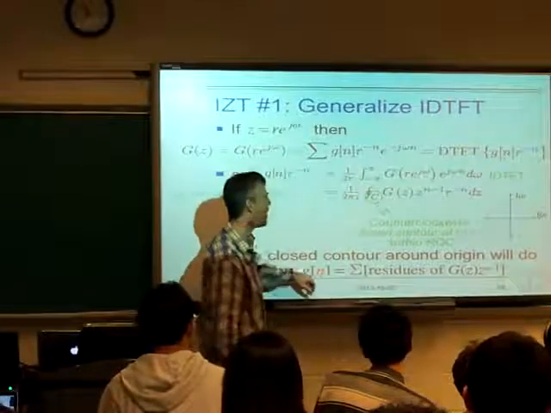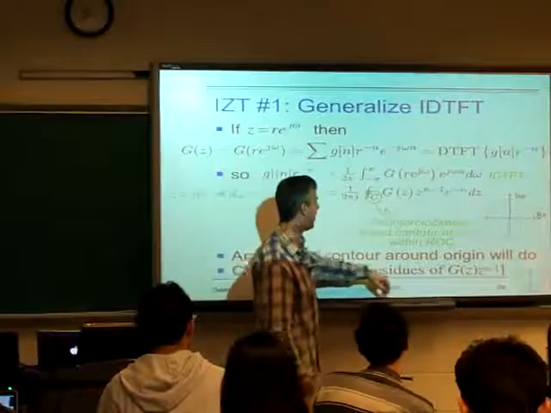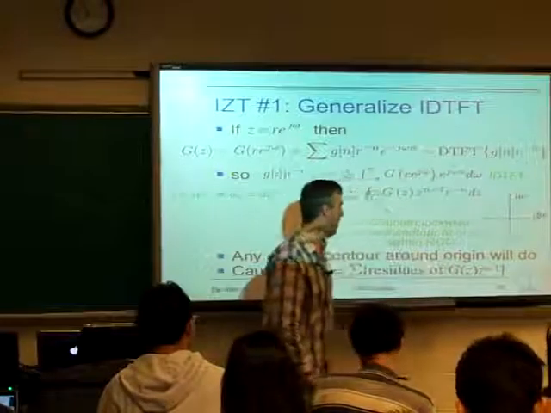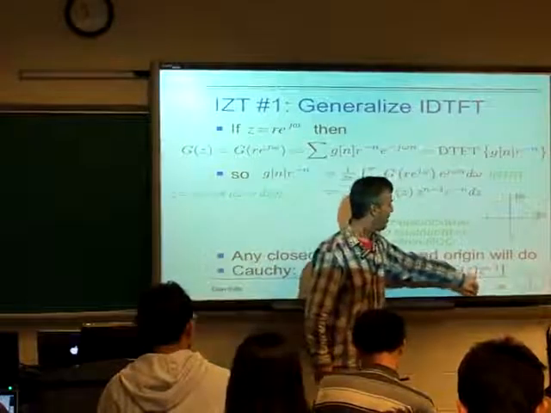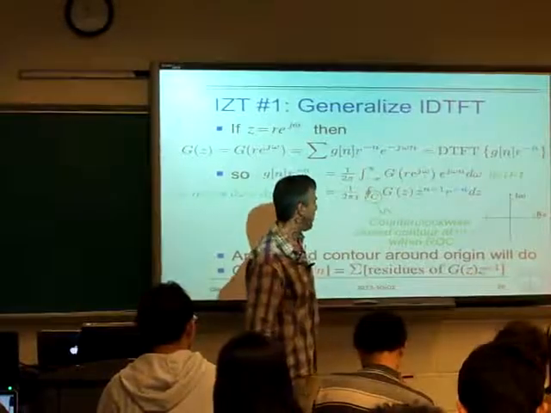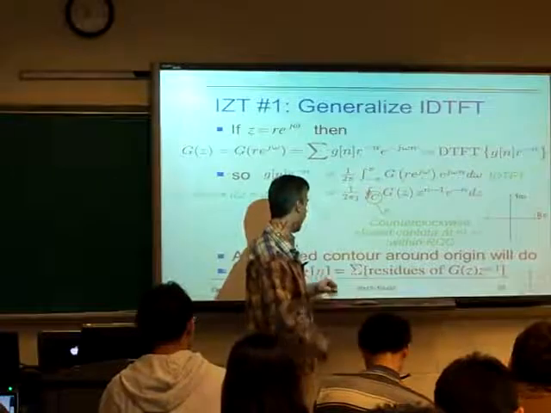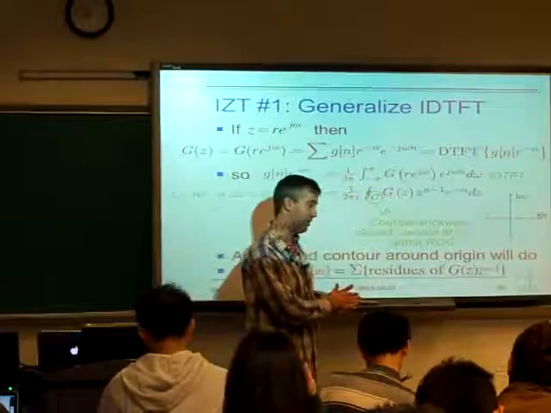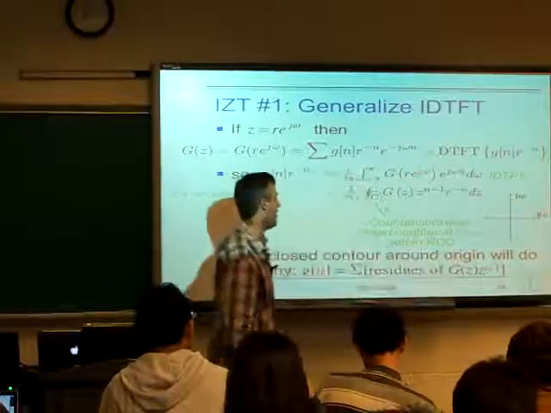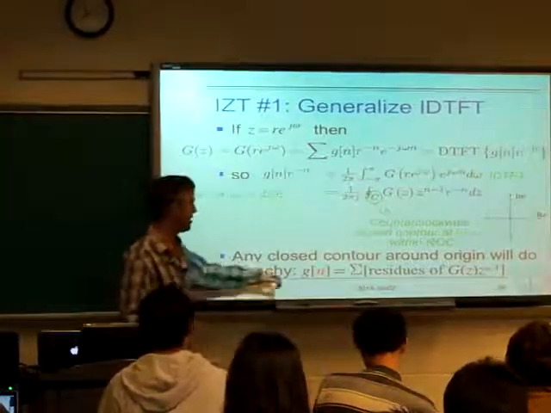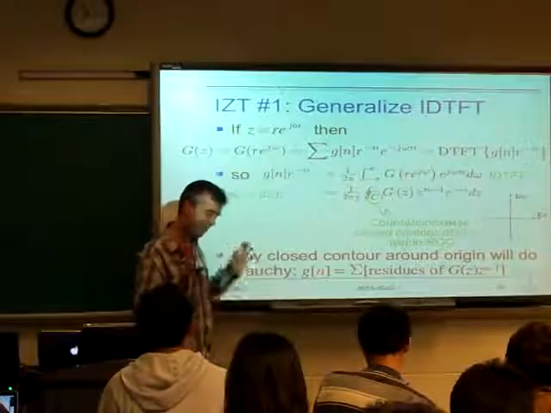And so you can calculate an individual value of g of n by doing a manipulation of that, by basically shifting your function so that the value you're trying to get is the value for z equals, at time 0, and then you can evaluate this, and you get the overall value as the particular sample value.